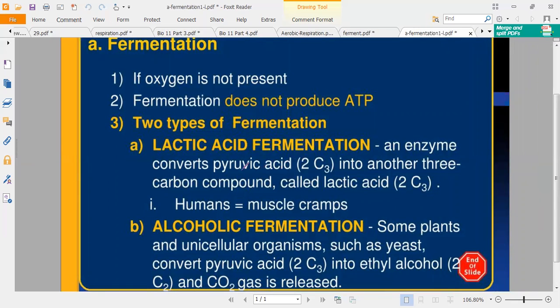So here we have described lactic acid fermentation and alcoholic fermentation. Lactic acid fermentation is done in human muscle cells as well, and from alcoholic fermentation we get ethyl alcohol and carbon dioxide, which is used for the production of ethanol.